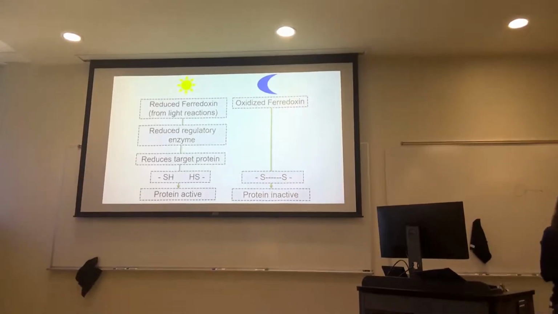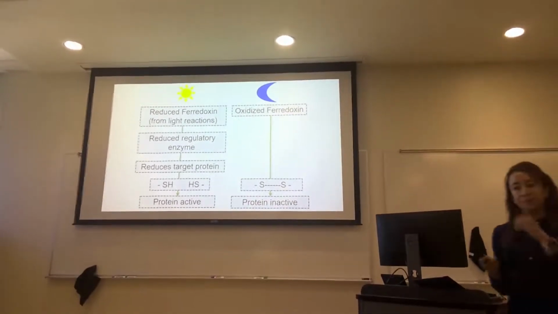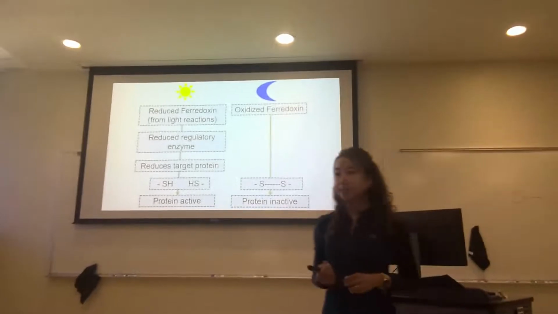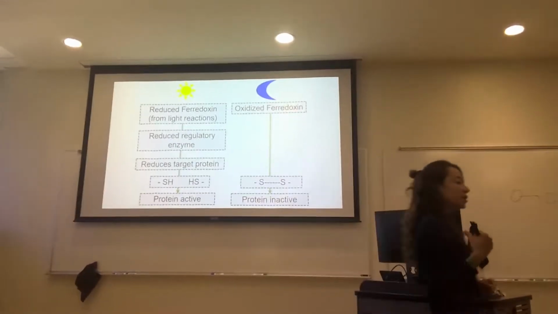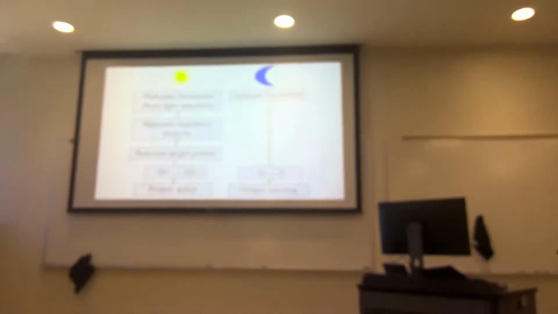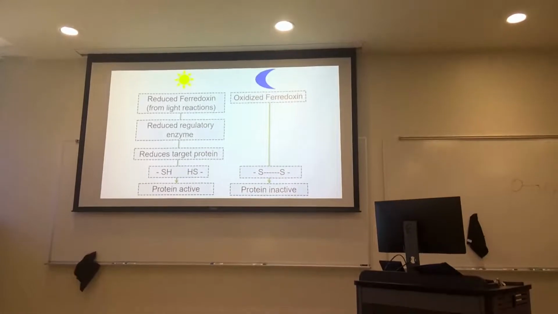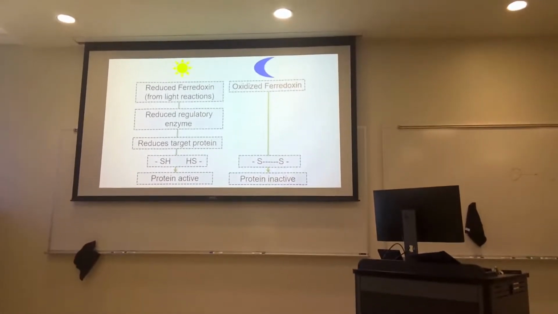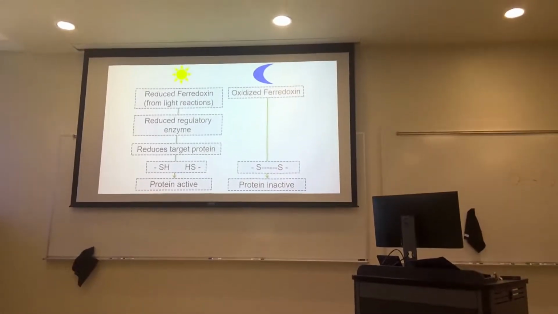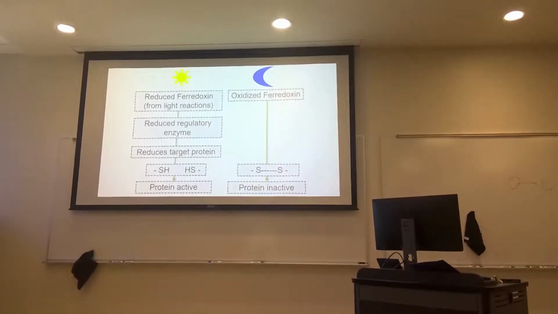So is light also directly activating Rubisco and those other enzymes? Yes. These are some of the enzymes. Actually, the Rubisco one is more complex. All of this is acting in the chloroplast, and Rubisco is very large. Rubisco has different subunits, and it's so complex that part of Rubisco is encoded by the chloroplast gene, and the other half by the nuclear gene.